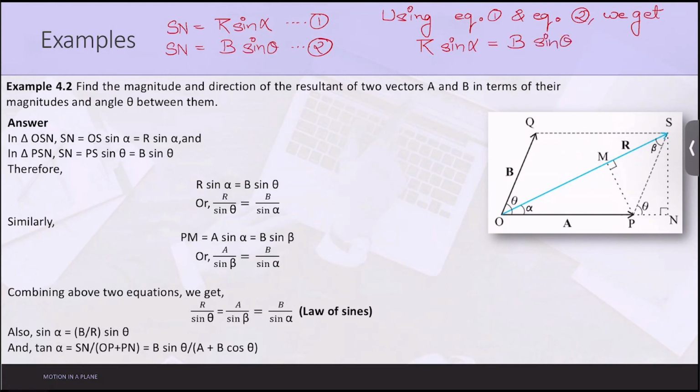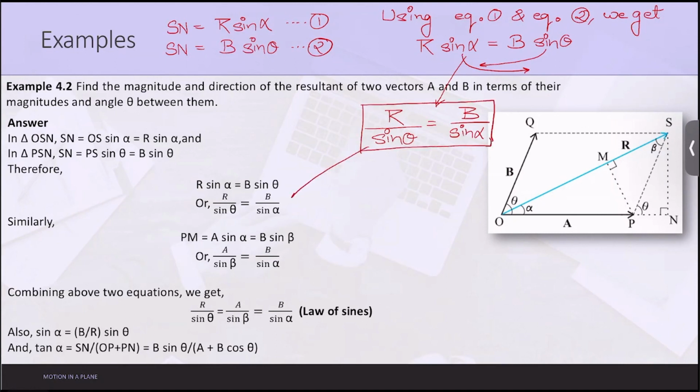Correct? Now just mathematical manipulation leads to R by sin theta, where sin theta is put on this side and sin alpha is put on this side. So R by sin theta is equal to B by sin alpha. Correct? So this is the expression which we got, which is written here.